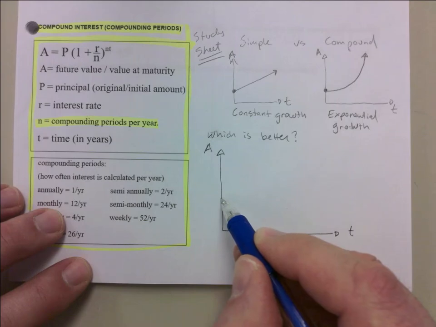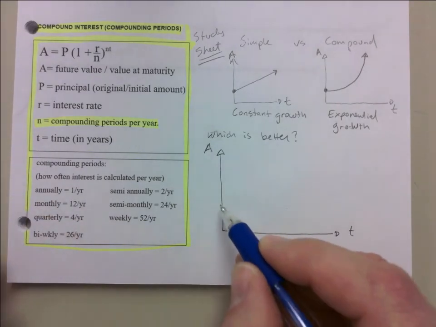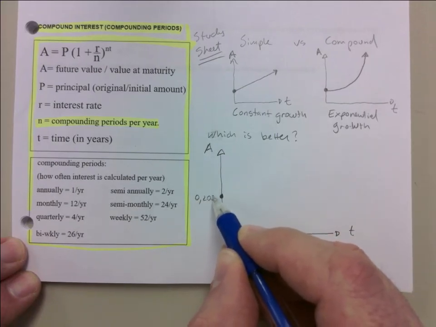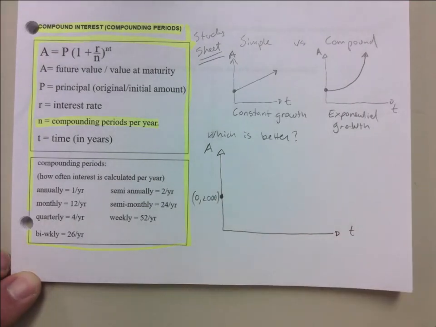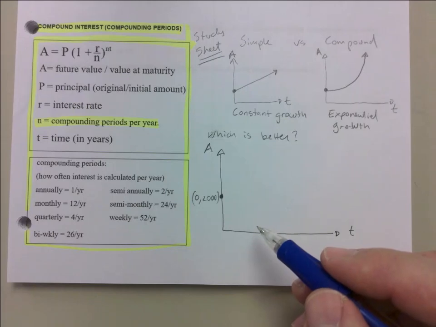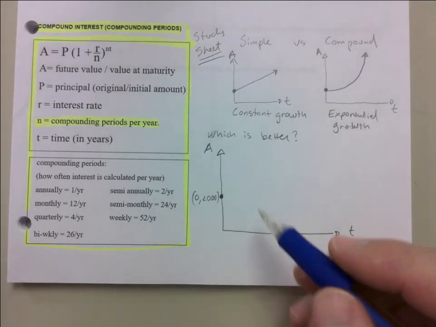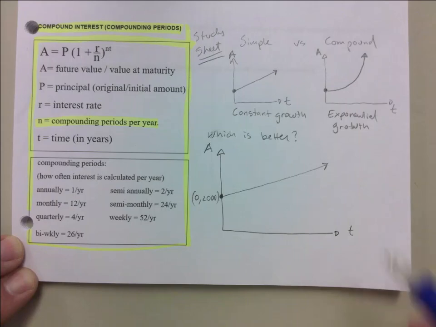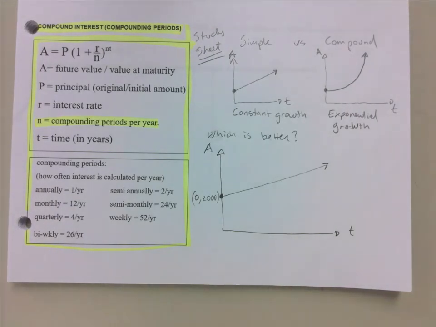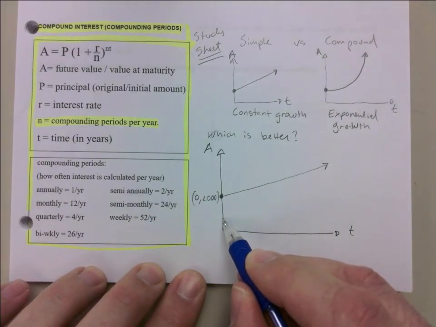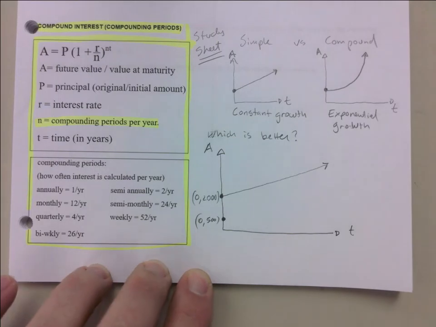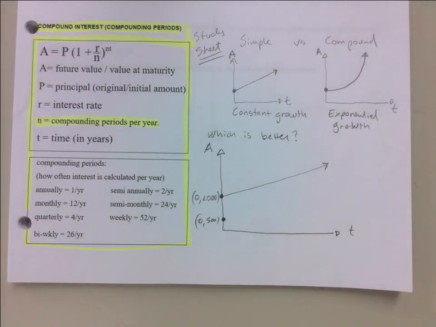You've got two options. You've got an option where you deposit $2,000 under simple interest growth, and you graph this and you get this. Or option B, you've got $500 to deposit, compounded.